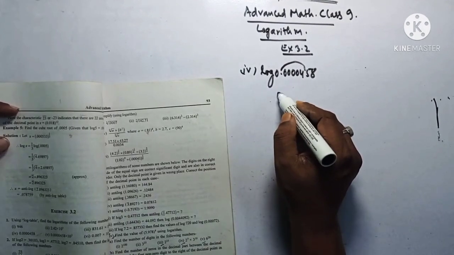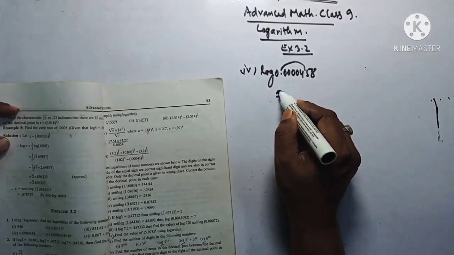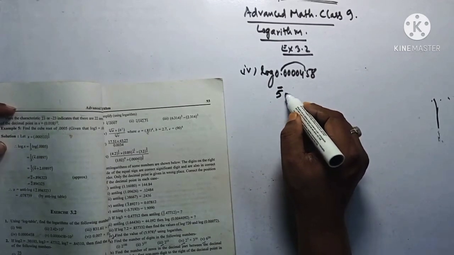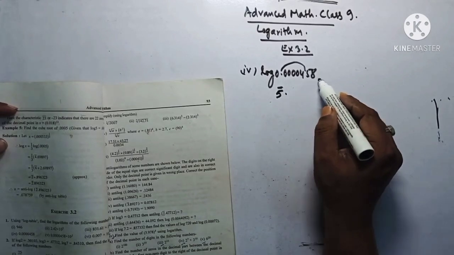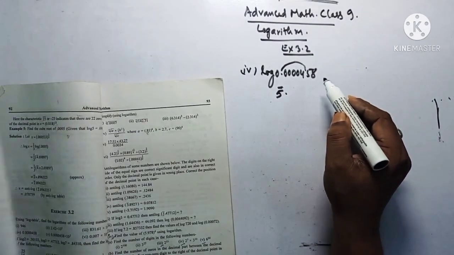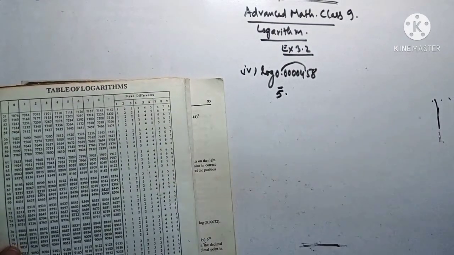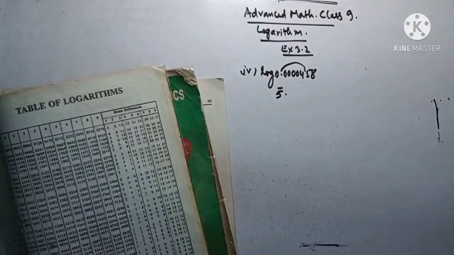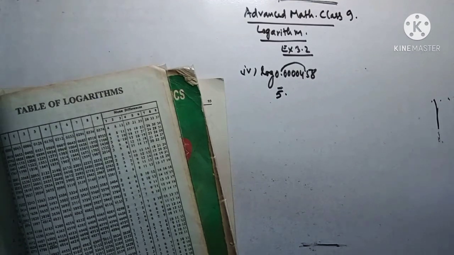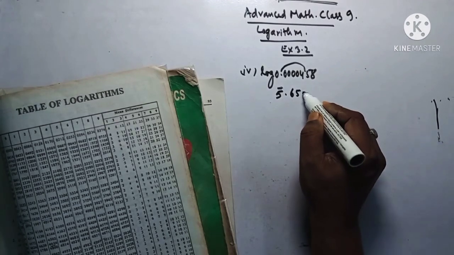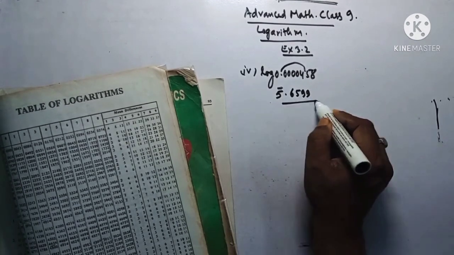So your characteristic will be minus 5, which is represented as 5 bar, this means minus 5. After the decimal you have to consider the non-zero digits, that is 458. With the help of the log table, 458 is 6599, so 0.6599. This is your answer.